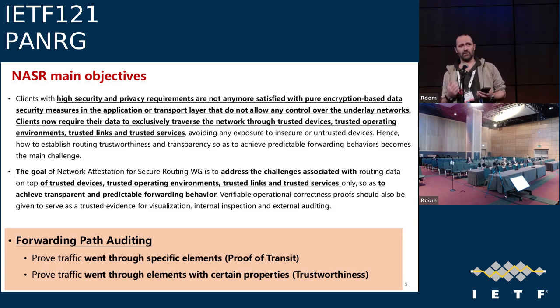But this is only part of the gap, because assuming I choose a path, I audit, and I know this is the path I want because it satisfies my requirements, how do I make sure the traffic actually goes through this path? I send it and it automatically arrives on the other side, but did it go exactly through the path I chose? So we want a second part, a proof of transit, showing that exactly my traffic went through the right path.